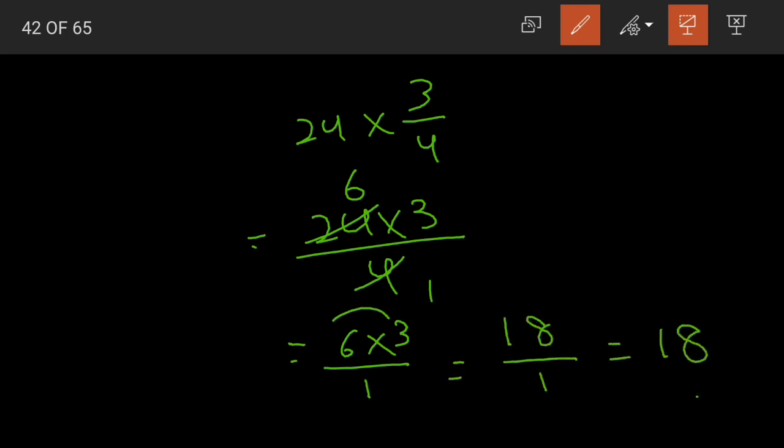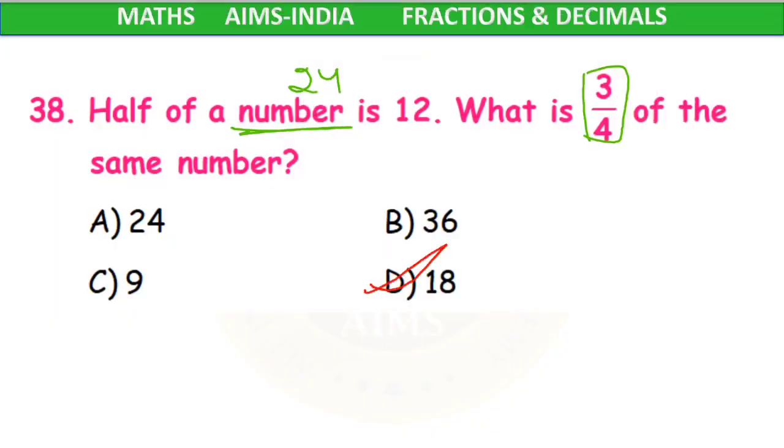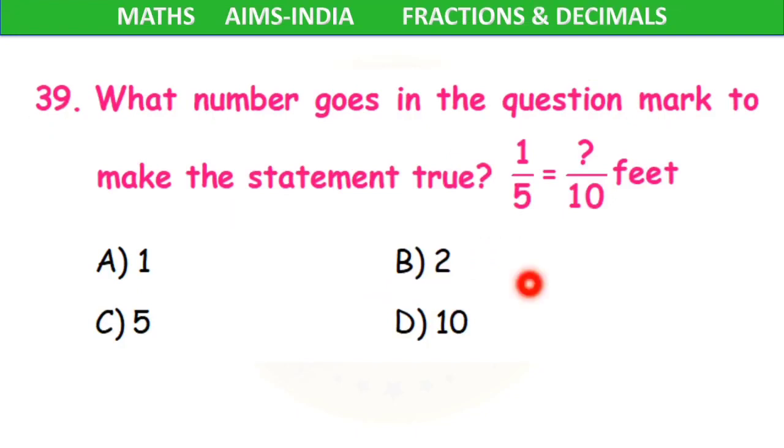What is our answer? 18, option D. What are the steps that we have followed? First, we found out the number. The number was 24, and then we found out 3 by 4 of that number. That is nothing but our 18.